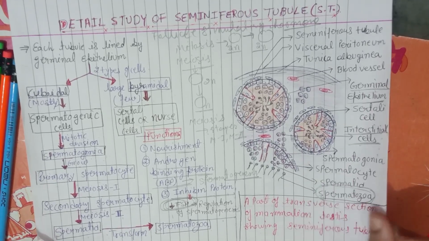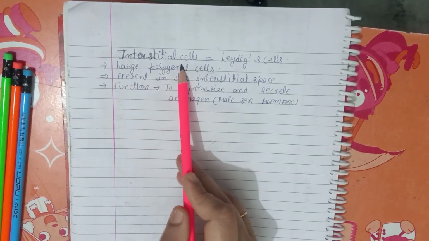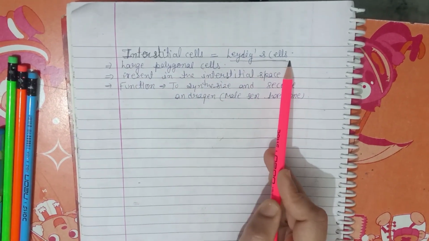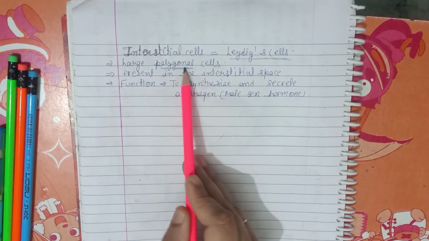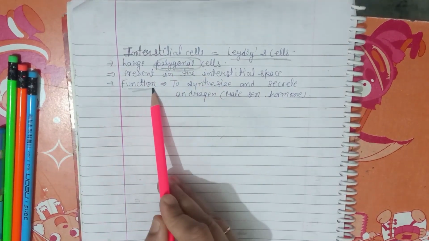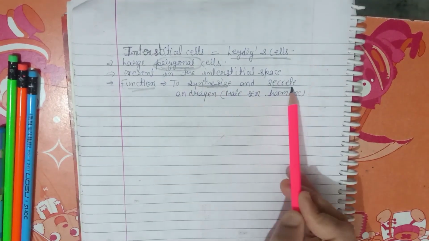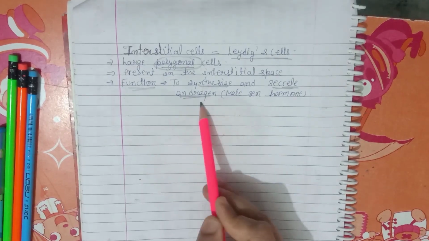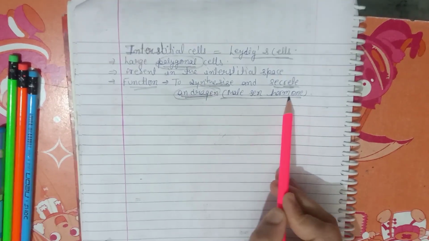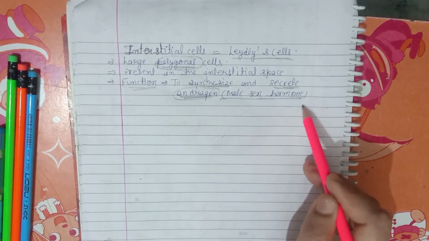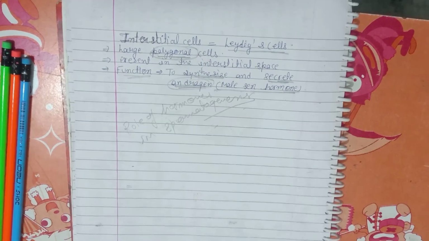Interstitial cells, also known as Leydig cells, are large polygonal cells, and their function is to synthesize and secrete androgen. What is androgen? It is the male sex hormone. It also plays a very important role in the process of spermatogenesis.